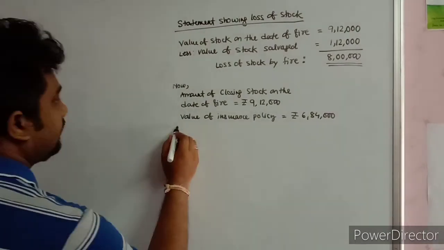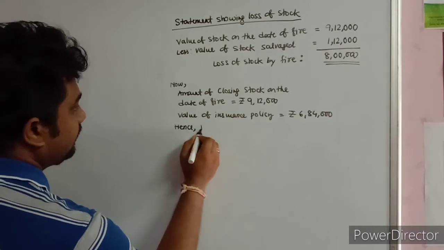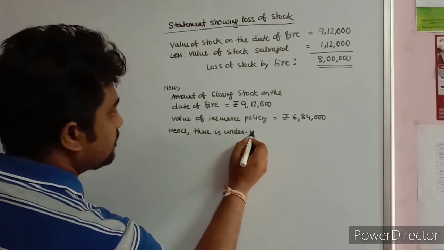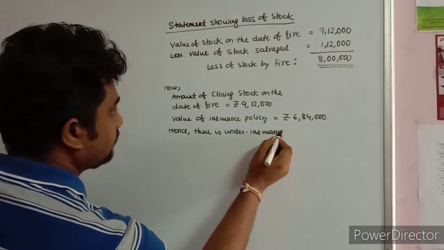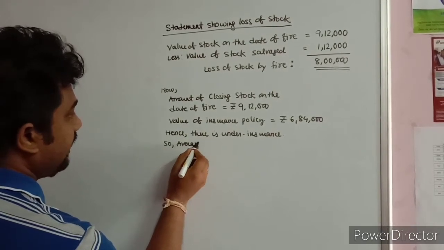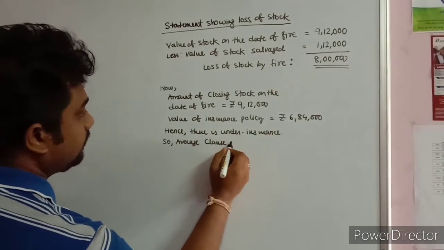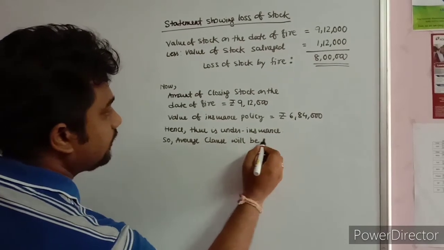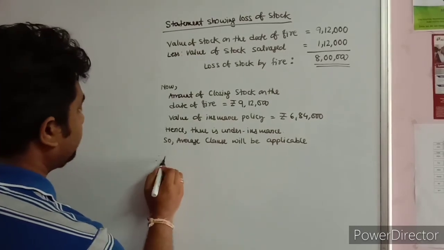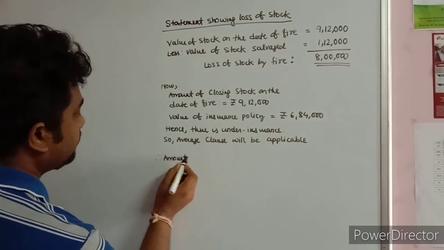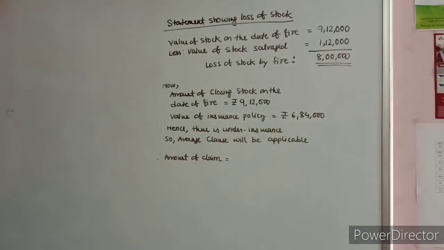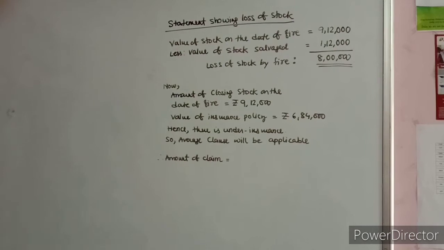Hence, you can see there is under insurance. So the average clause will be applicable. Therefore, the amount of claim that Sri Ramesh can make with the insurance company is not 8 lakh but an amount less than 8 lakh.